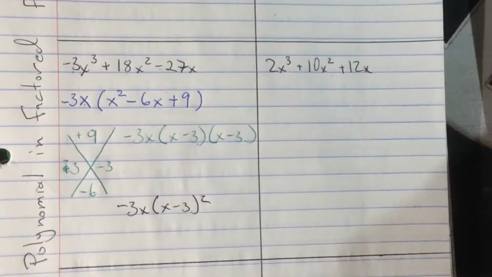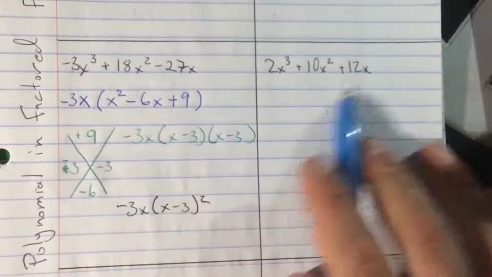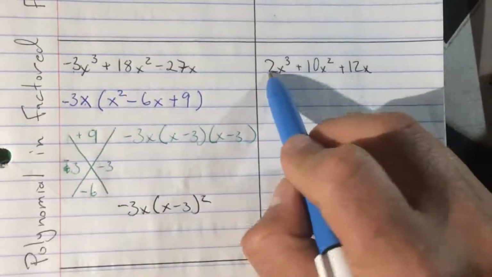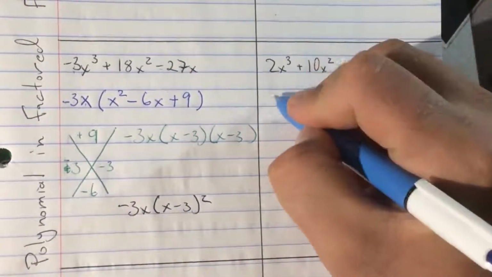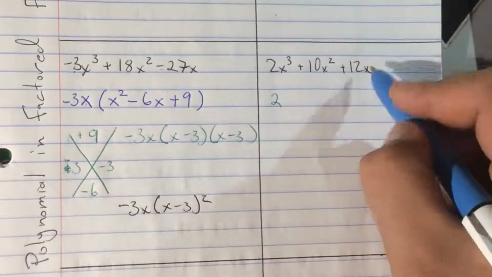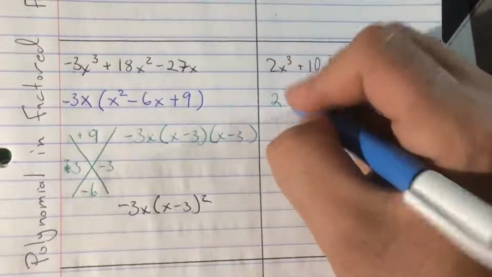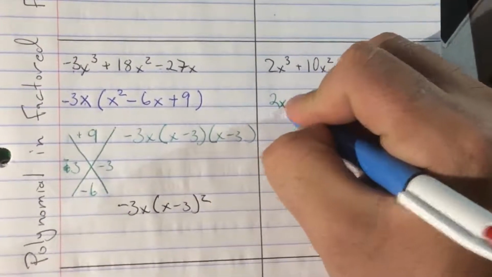Moving on to the next one over here. We go find our greatest common factors again. Everything is divisible by 2, so we pull out a 2. Everything also has an x, so we pull out an x as well. Our lowest power of x is just x to the first power, so we can only pull out one x.